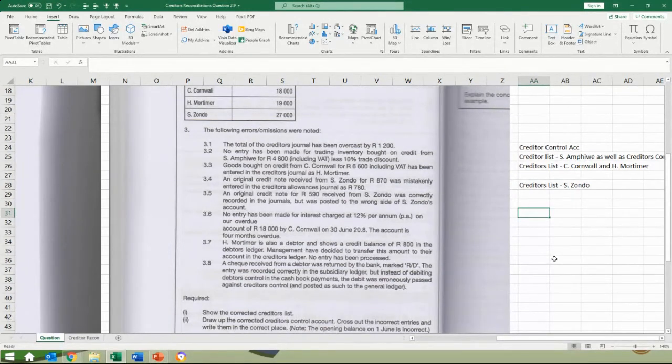Now to work out the interest, you would have to divide the percentage by 12, then multiply it with the outstanding balance, and then we multiply it with the number of months outstanding. Now, because no entry has been made for this, it will affect both your creditors control account and your creditors list. Okay, and it will only affect C.